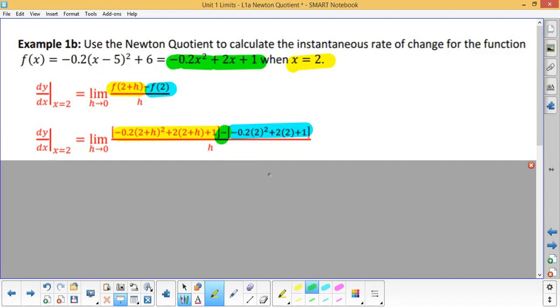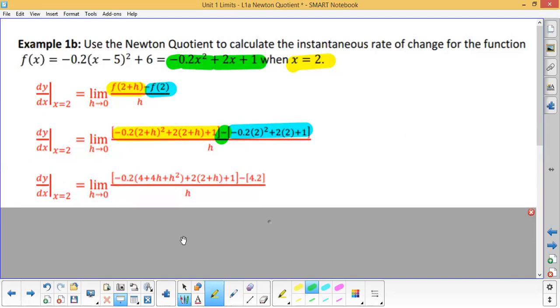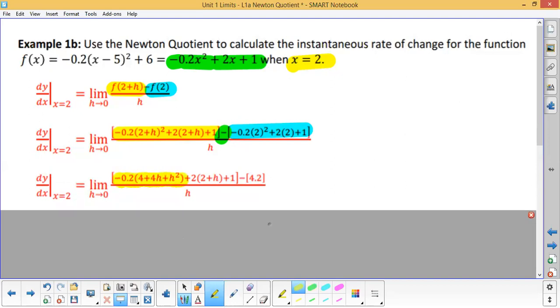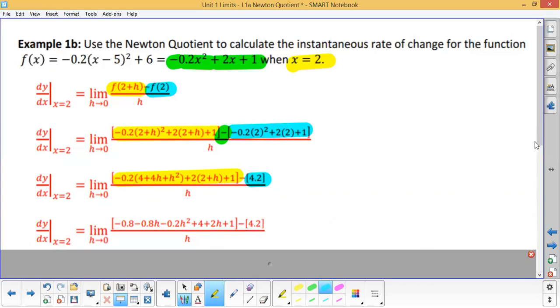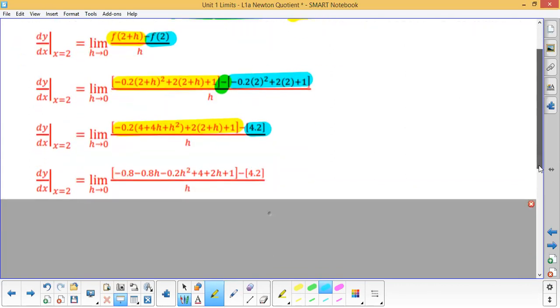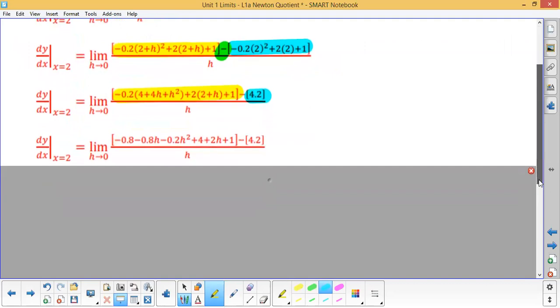If you forget the negative in between and do not distribute that negative, you won't be able to get the final answer. So as I solve in each of the brackets, I get a little bit further with the yellow component, the 2 plus h. That's going to take a few steps to completely eliminate the brackets and apply the distributive property.